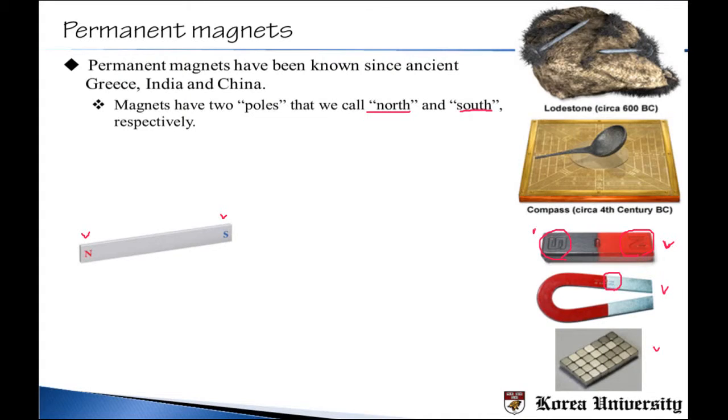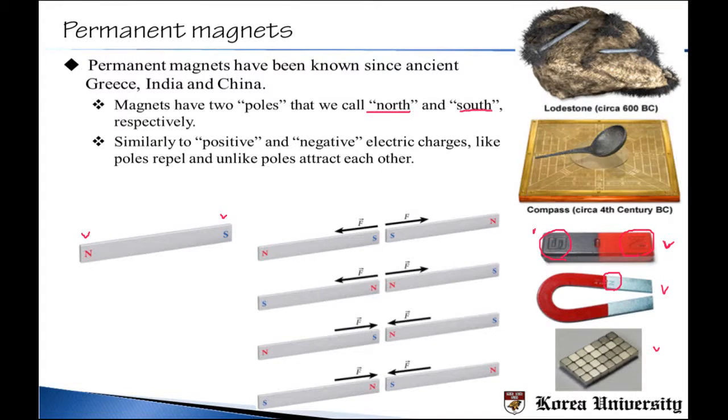And I believe everybody already knows that magnets have forces. So probably from elementary school, you had some experience of magnets pulling each other or pushing each other away, right?